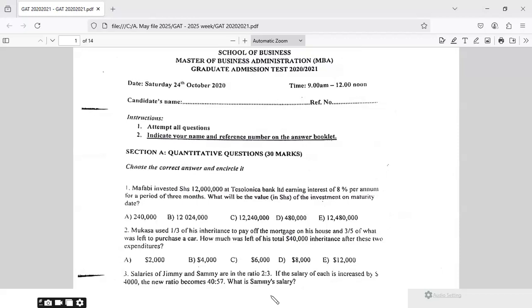Okay, I think we have added up with a wrong number. We are supposed to use what was spent on mortgage, which was 13,333.3. Then plus 16,000.